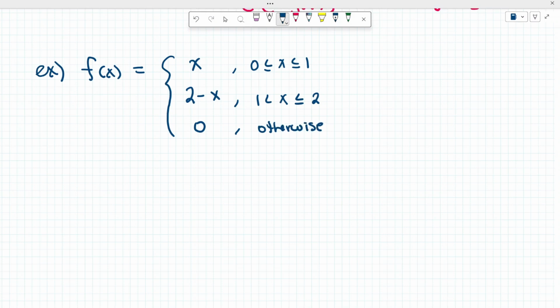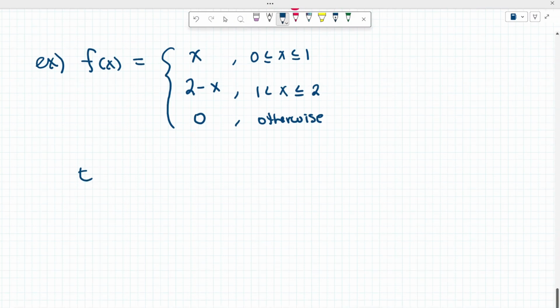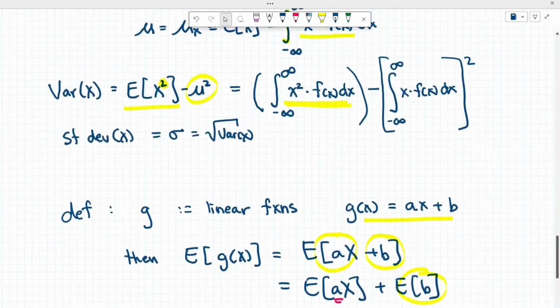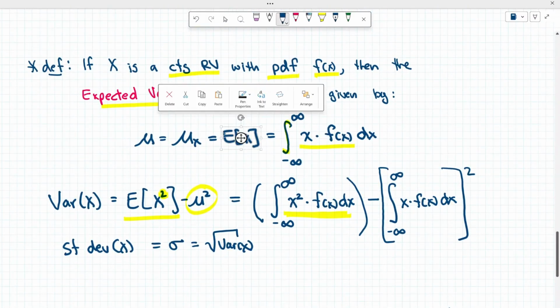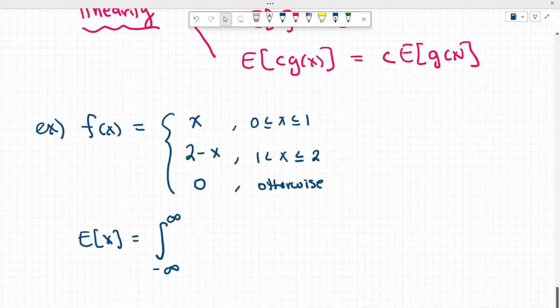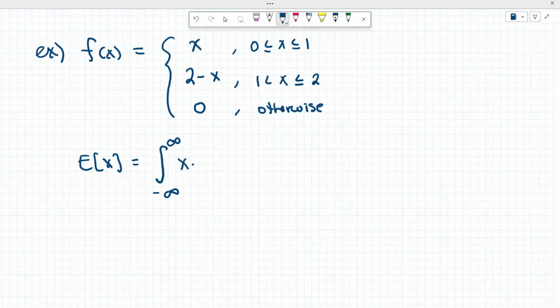Okay, so let's go ahead and calculate the expected value. We know that the expected value equals the integral from negative infinity to infinity of, we can go up and check our definition, x multiplied by f of x, so we have x times f of x dx.